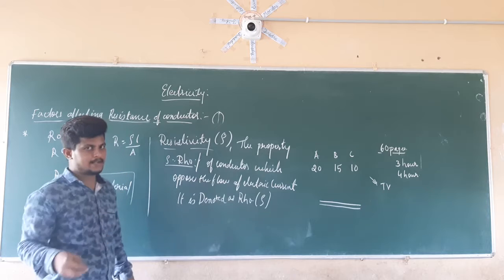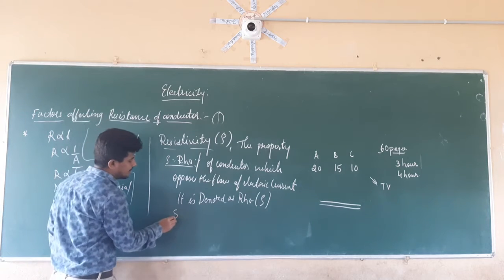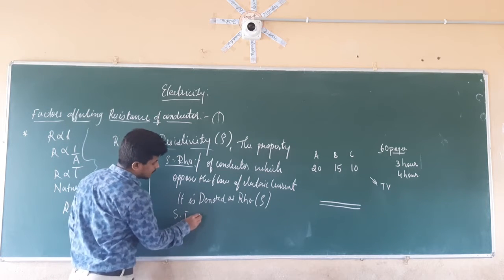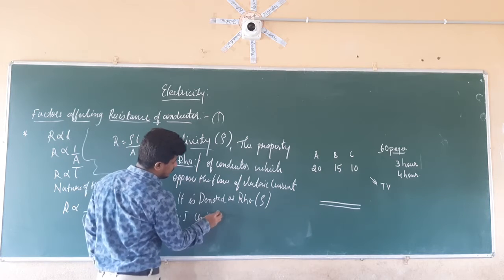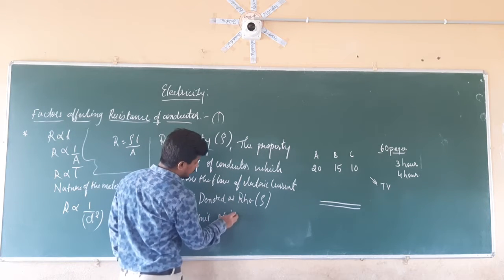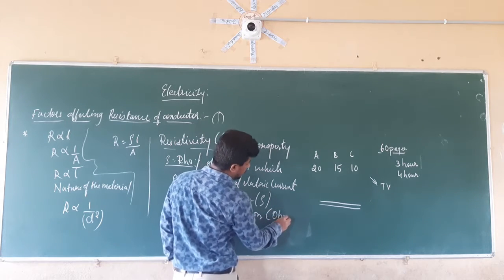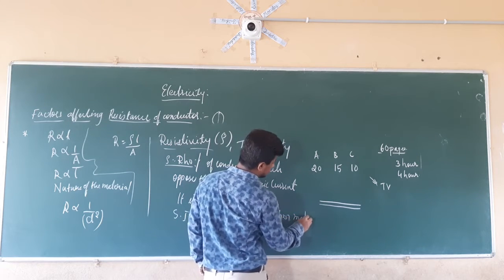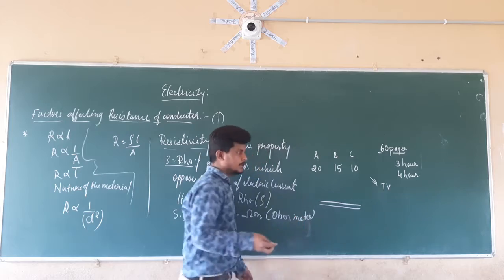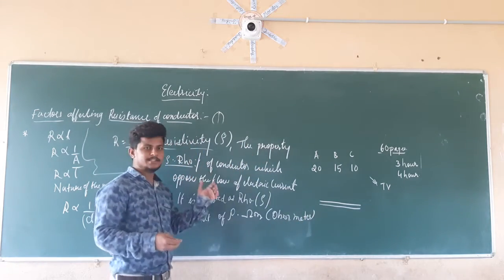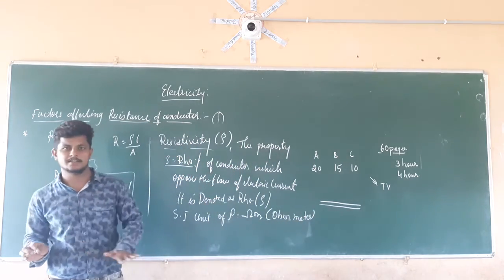The SI unit of resistivity is ohm meter. The SI unit of rho is ohm meter. It is also a resistance.